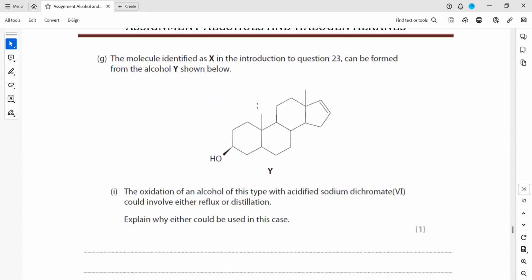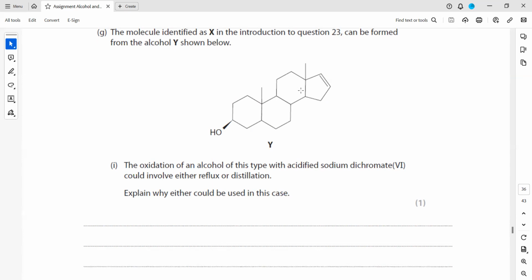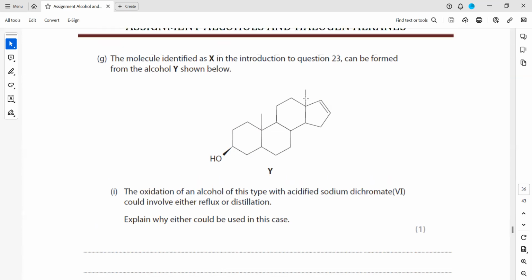In part G, the oxidation of an alcohol of this type with acidified sodium dichromate could involve either reflux or distillation. Explain why either could be used in this case.